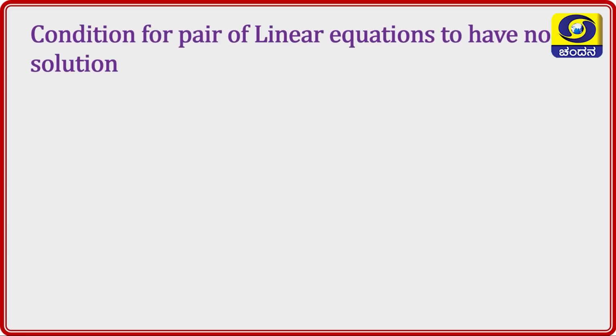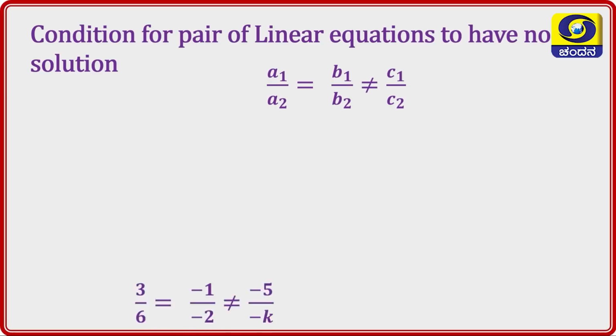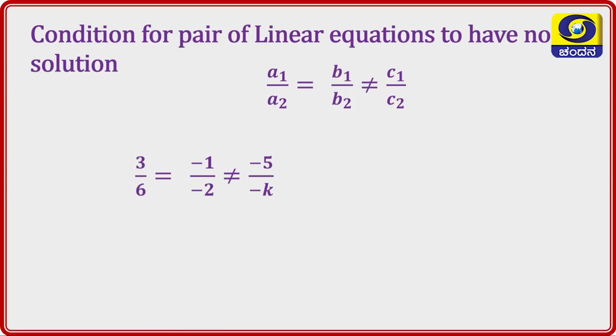So now the condition for a pair of linear equations to have no solution. What is the condition? a1 by a2 is equal to b1 by b2, that is not equal to c1 by c2. So on substituting the values, 3 by 6 is equal to minus 1 by minus 2, that is not equal to minus 5 by minus k.